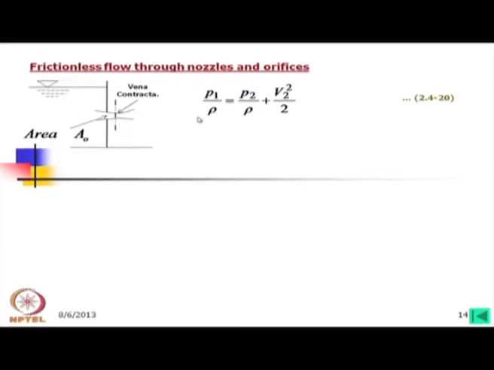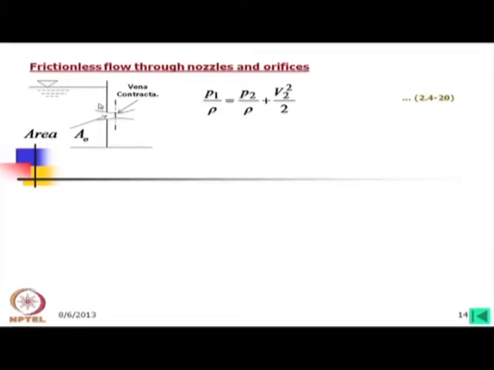Now, for this one we can write the equation in this form. The velocity at the entry we may consider 0.